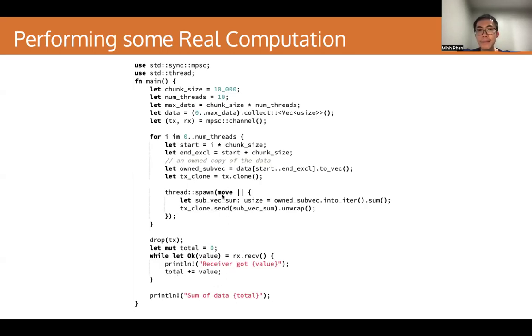And then we print out that sum. So what this code is doing is just calculating the sum of the values from 0 to 10 times 10,000 using multiple threads to shorten the computation time.